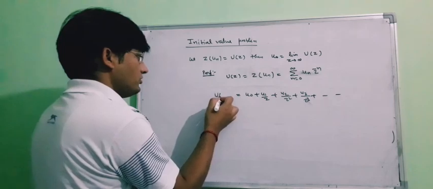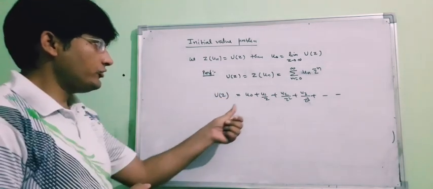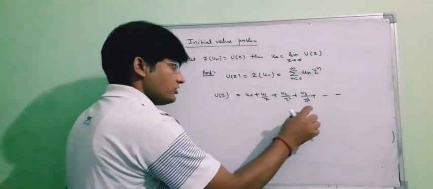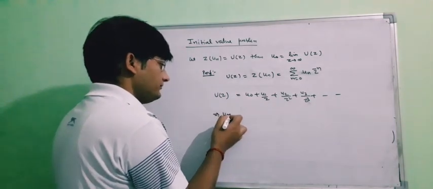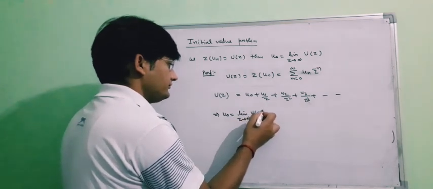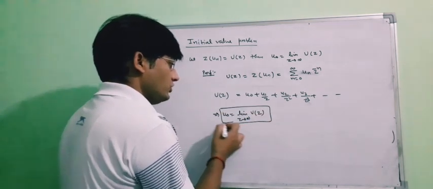So this is your U(z). Now if we put the limit z tends to infinity, then all these terms will be 0. So your u0 is the limit as z tends to infinity of U(z).